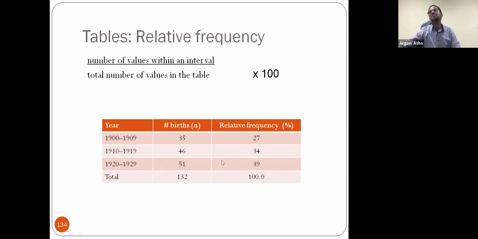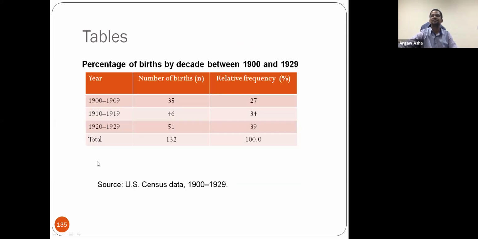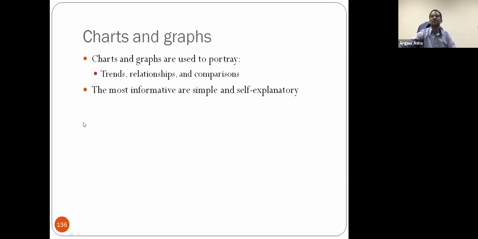If you sum them together, we check relatively. So here, look, the percentage of births between 1900 to 1929. Again, here you should make Table 1.1 or Table 2. Otherwise, it will not give you the given data.